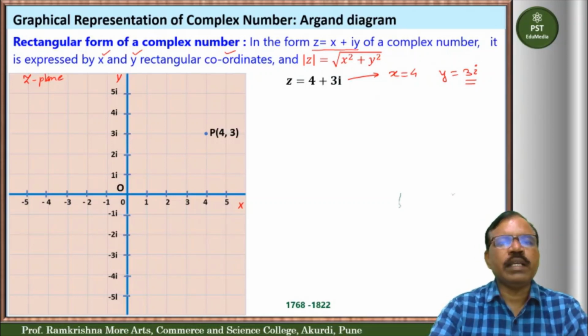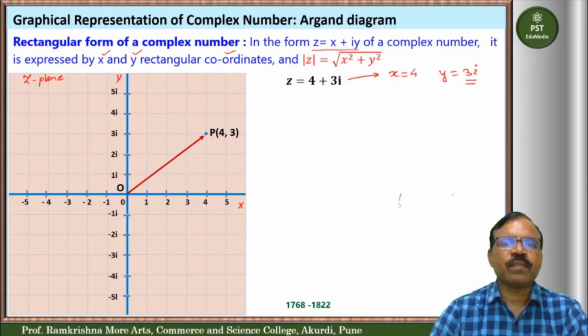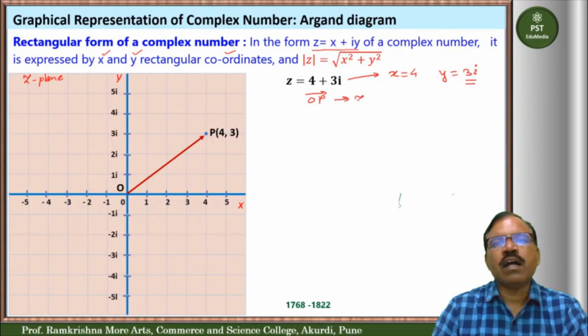If we join line OP, it is actually vector OP. This vector OP represents complex number Z on the complex plane. So this is called the graphical representation of the complex number.